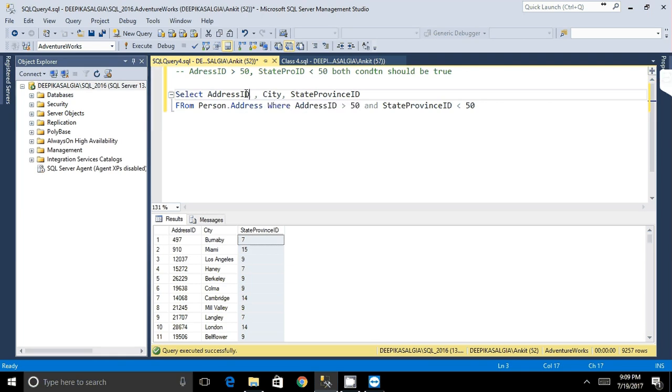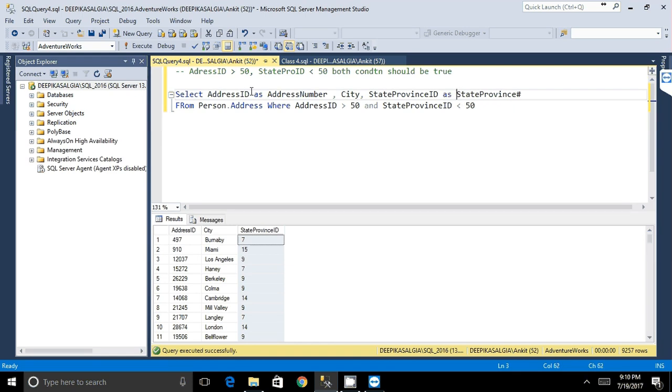So for the address ID, I want to display this column as a different name called address number. You can rename any of the columns. So you would say as address number. And for the state province ID, you just want to call it state province number.